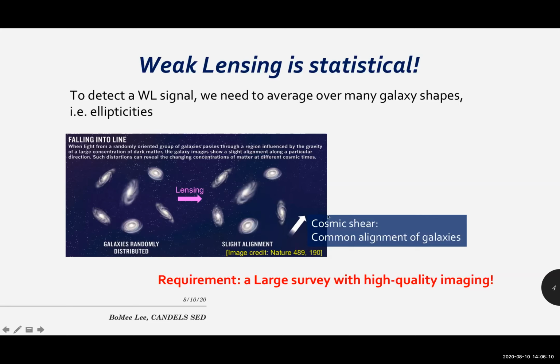To measure this common alignment, we need to measure the ellipticities of individual galaxies, then statistically estimate this alignment by averaging over ellipticities of galaxies in this group or small patch of sky. So weak lensing observations require a large survey with high quality images to have a large number density of resolved galaxies for sufficiently unbiased estimates of galaxy shapes.